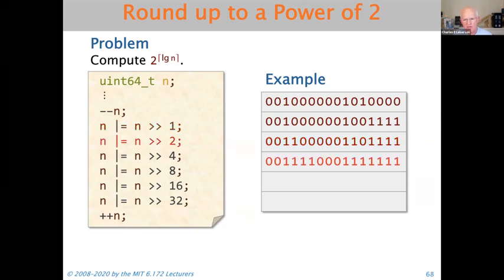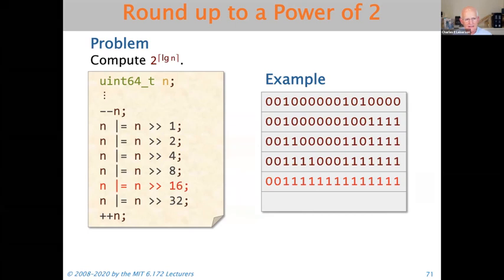Now we shift right 2 positions and OR. And now every position that originally had a 1 has 3 more 1s to its right. And we shift 4 positions and OR, and 8 positions, and we can see the effect of all that shifting and ORing. We propagated any 1s to the right, flooding the lower order bits with 1s.